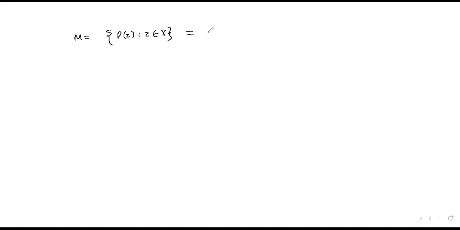Which can be written as all Z belonging to X such that P of Z is equal to Z. ये important है. Why? Let's do it. Now P of Z is equal to X.